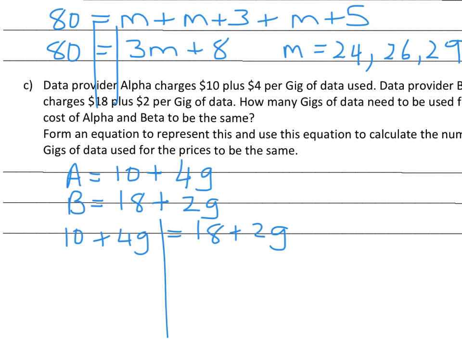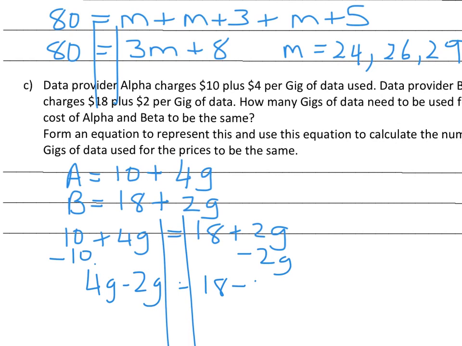So again, we've done this before. I'm going to take away my 2g here. 4g minus 2g equals 18, and I'll take away 10 on that side. So I've got 2g equals 8, the number of gigs of data must equal 4.